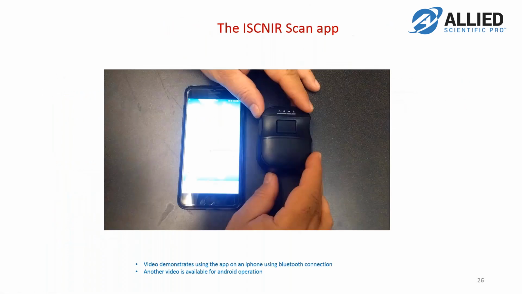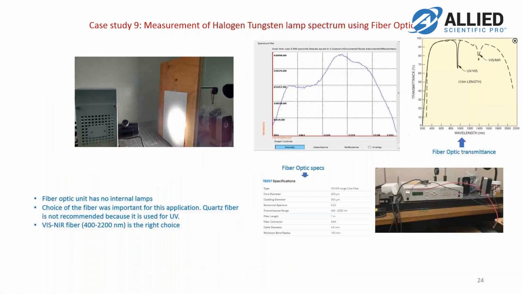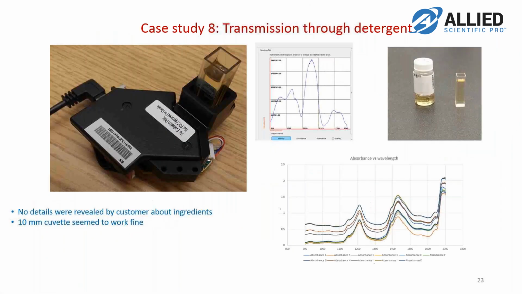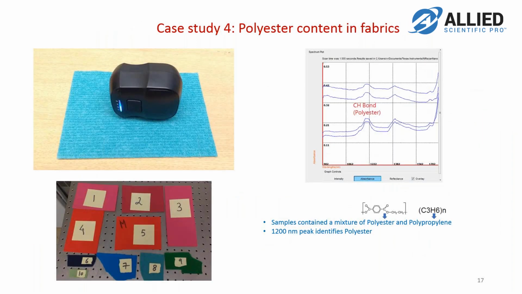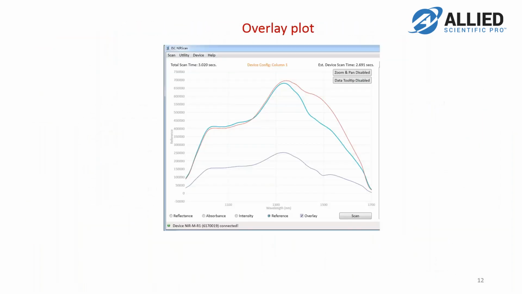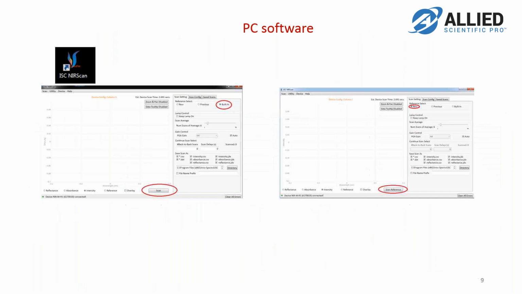So I wouldn't want to use your internal reference, is that what you're saying? Yes. If you want to use the internal reference, then you can't change the number of averages. If you want to change that, you have to record a new reference. Oh, I got it. Okay.